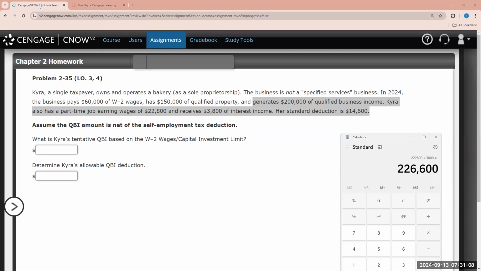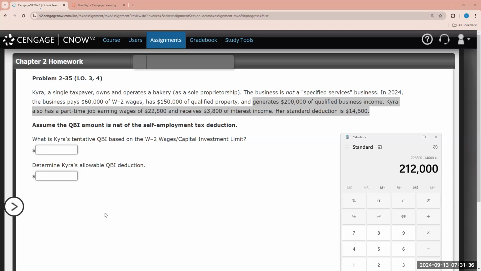We subtract the standard deduction of 14,600. So her taxable income before the QBI deduction is $212,000, right? But we see the issue here is that her taxable income before the QBI deduction exceeds $191,950. And because of that, the W-2 wages and the capital investment limit has to be considered.